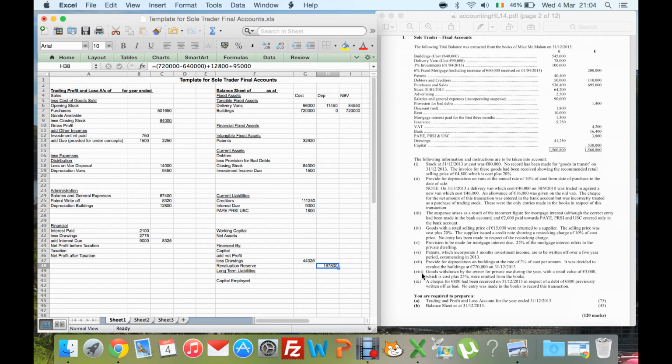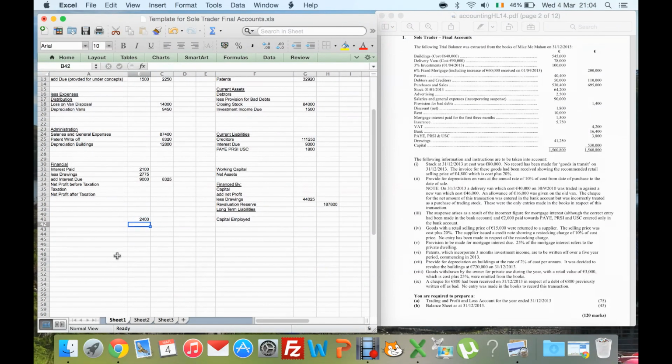So we've done that. Goods withdrawn from the owner for private use, retail value of 3 grand, which is cost plus 25%, were omitted from the books. So I'll need to take away, so that's the retail value is 3 grand, which is 125%. So we need to divide that by 125 to get 1%, and then multiply it by 100 to get what it cost.